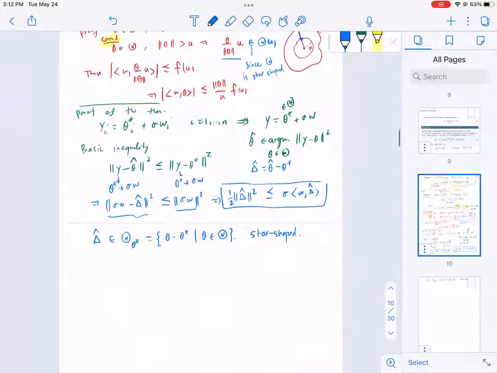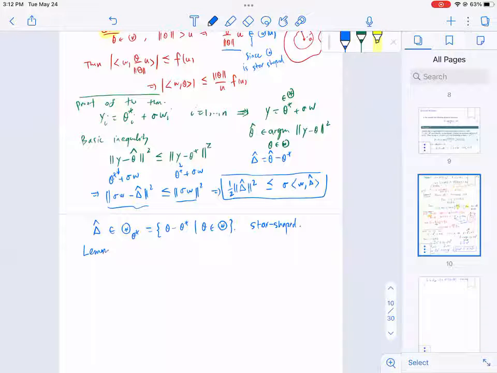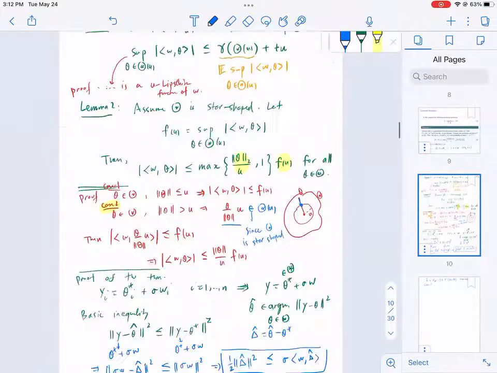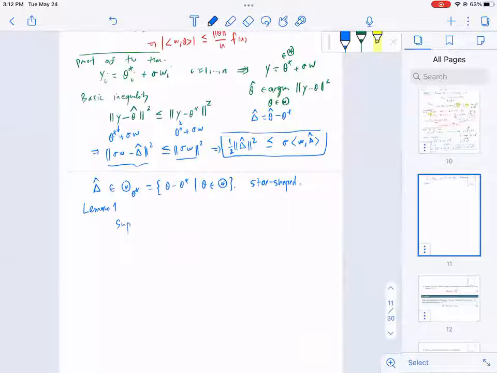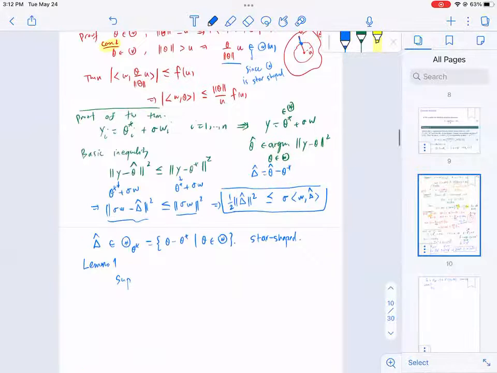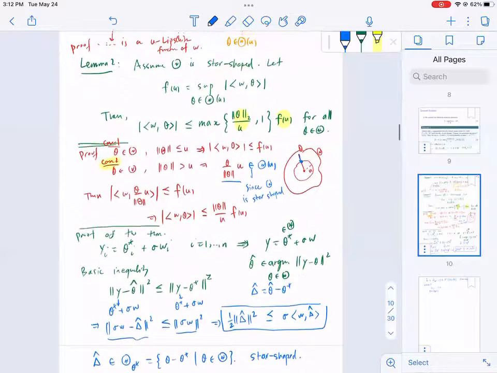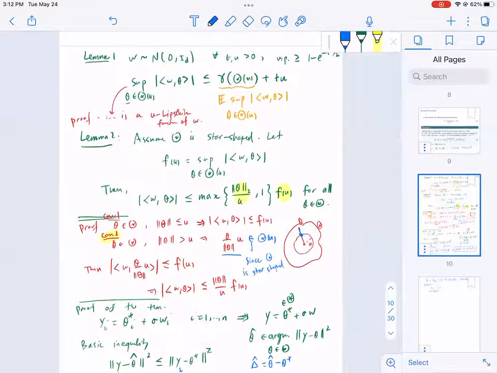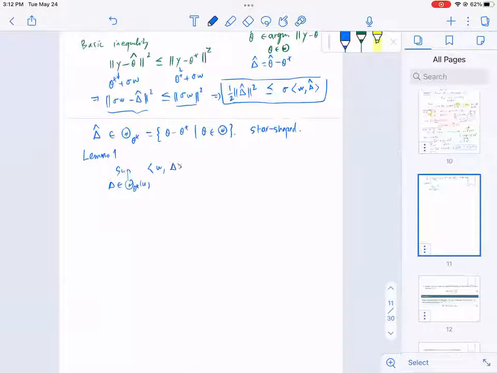If I apply lemma 1, I have that the supremum over delta in Theta star_u of W is less than gamma of Theta star_u plus t u, with the probability that we had.